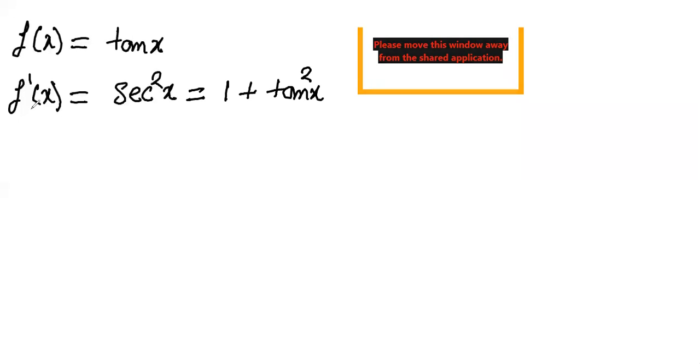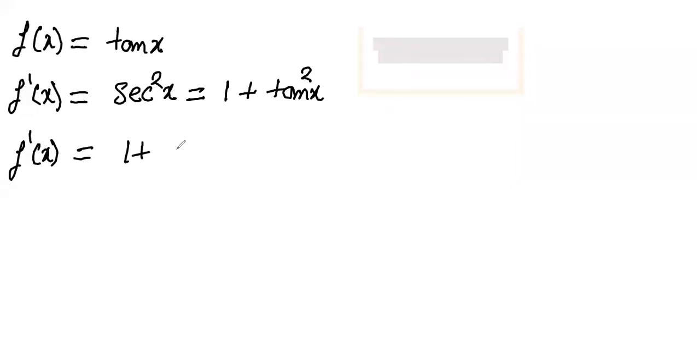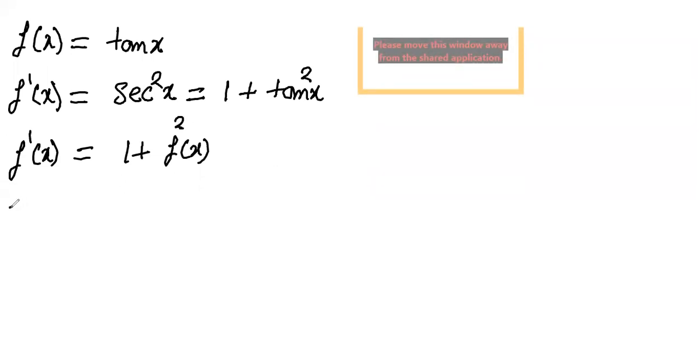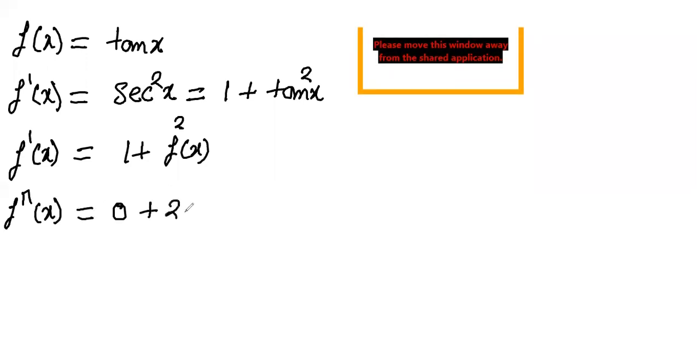So if I write f dash x equal to 1 plus f of x square, f double dash x will be 0 plus 2 f of x into f dash x by successive differentiation.